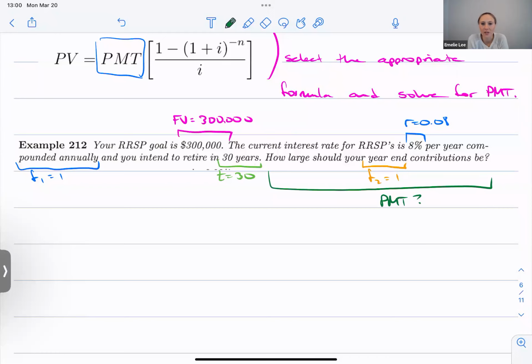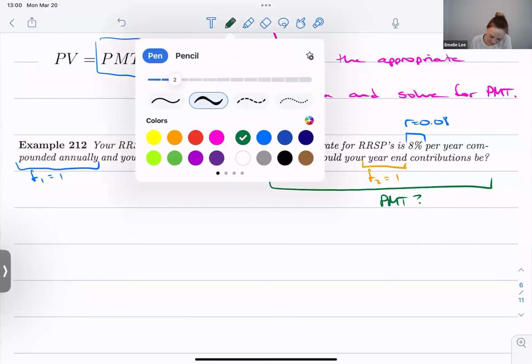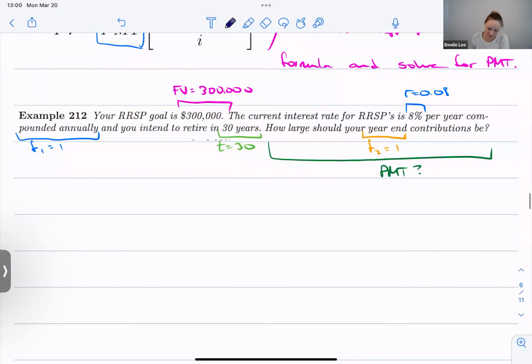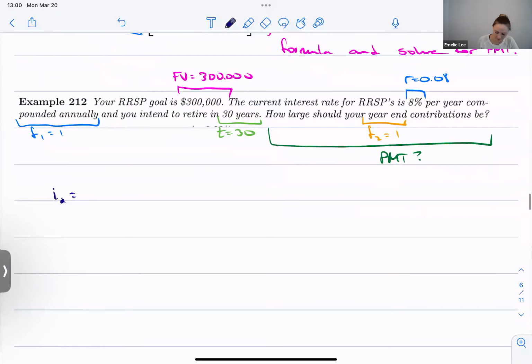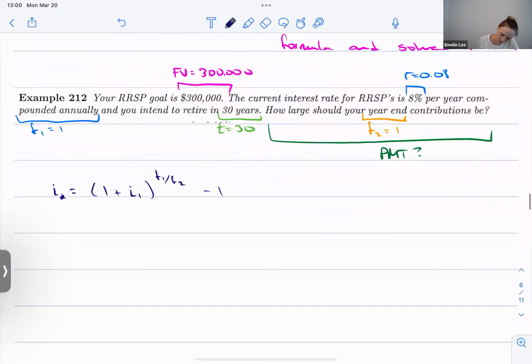So how we're going to show this on our timeline is, well, first things first, let's just calculate I2 so we get that out of the way. I2 is 1 plus I1 to the power of F1 over F2 minus 1.